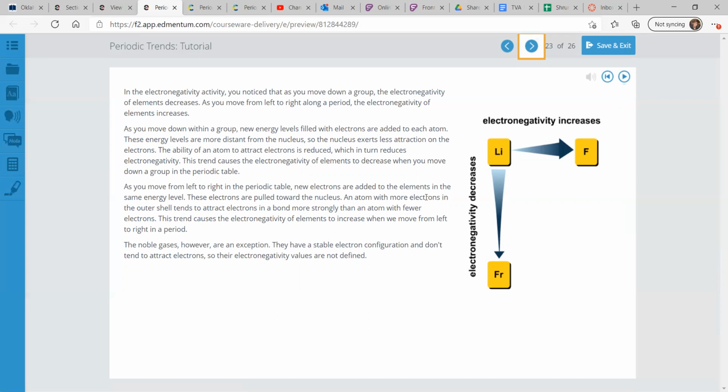This trend causes the electronegativity of elements to increase when we move from left to right in a period. The noble gases, however, are an exception. They have a stable electron configuration, and they don't tend to attract electrons. So their electronegativity values are not defined.